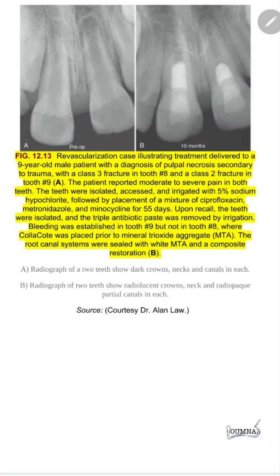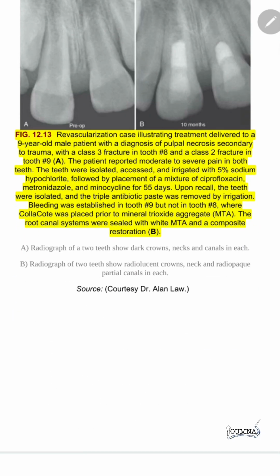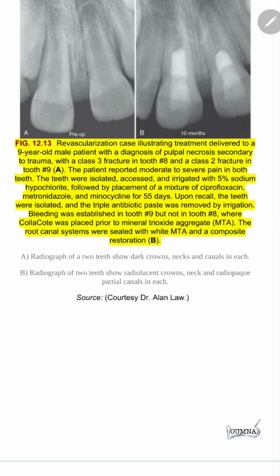After the recall, the antibiotic paste was removed by irrigation. The bleeding was established in tooth 9, but not in tooth 8. So the bleeding was in one tooth only. Then a Colla-Cote was placed, which is a collagen matrix.